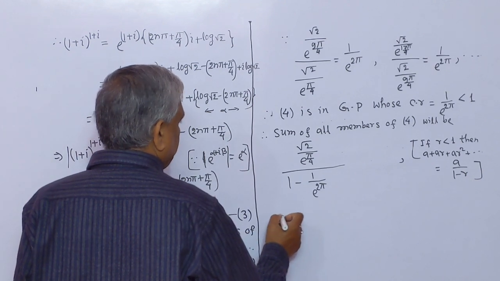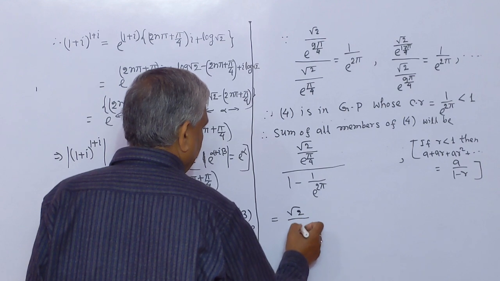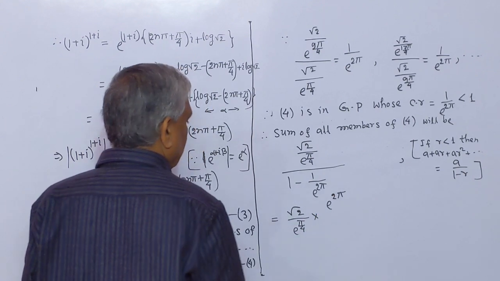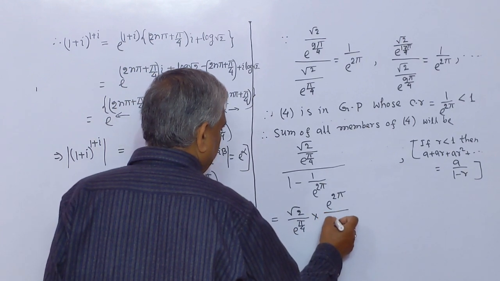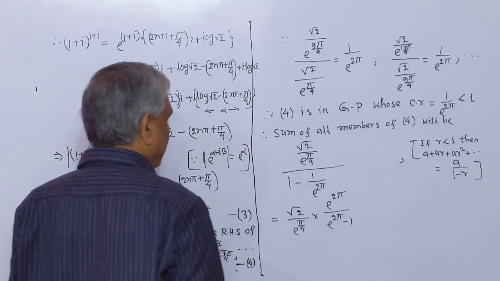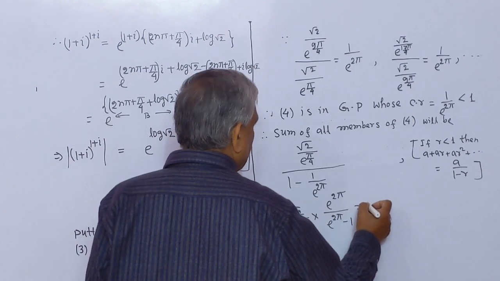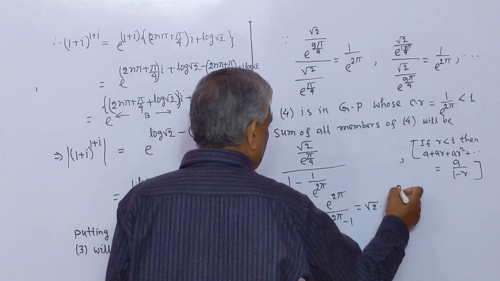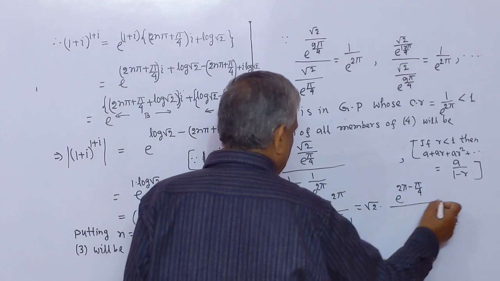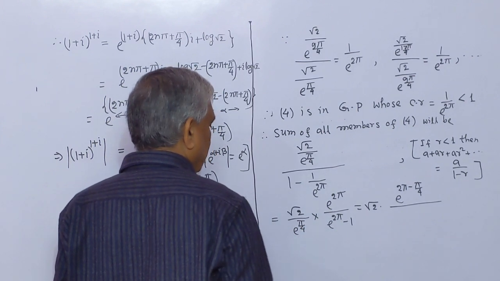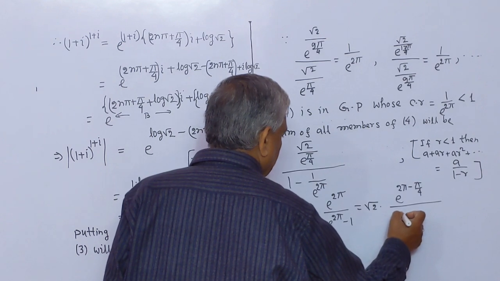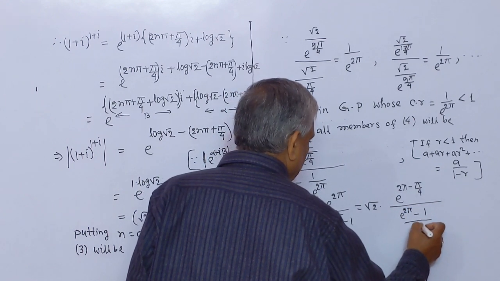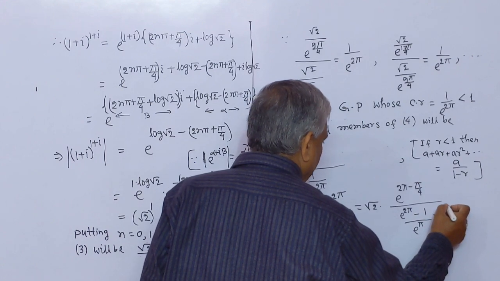And this will be equal to √2/e^(π/4) multiplied by e^(2π) over e^(2π) − 1, and this will be equal to √2 multiplied by e^(2π − π/4), and we divide this by e^π, and e^(2π) − 1 by e^π, multiplied by e^π.